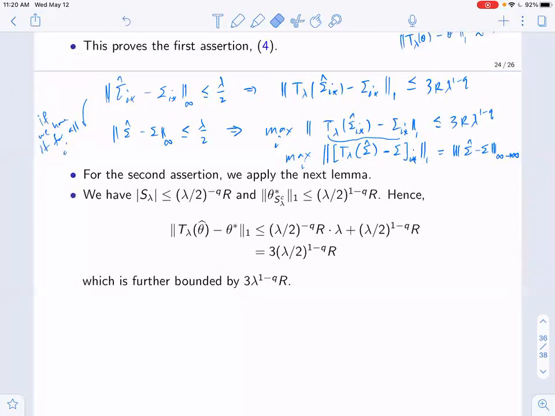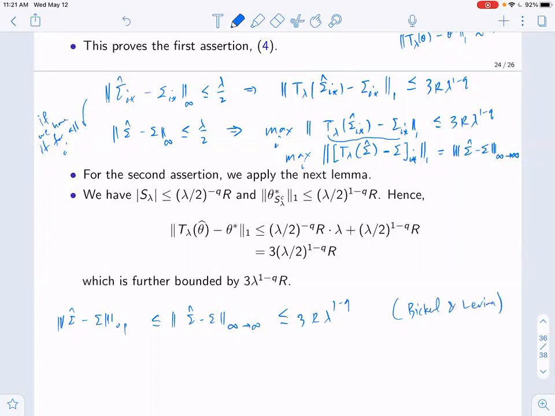So you would prove this, and then there is an inequality. We have sigma hat minus sigma, infinity to infinity norm, bounded by 3R1 lambda 1 minus Q, and for symmetric matrices, this bounds the operator norm. I believe this might be the Bickel and Levina result that I mentioned.